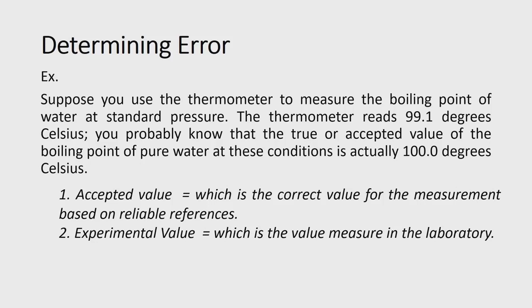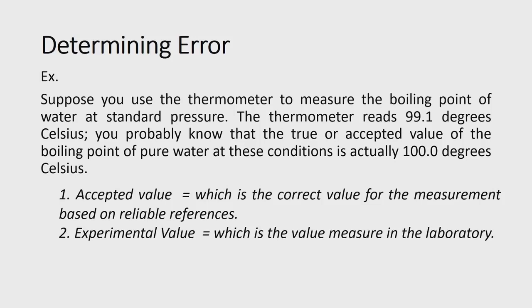For the accepted value, obviously this is the correct value for a measurement, based on reliable references. For example, the boiling point of water is 100 degrees Celsius. That is really a constant.